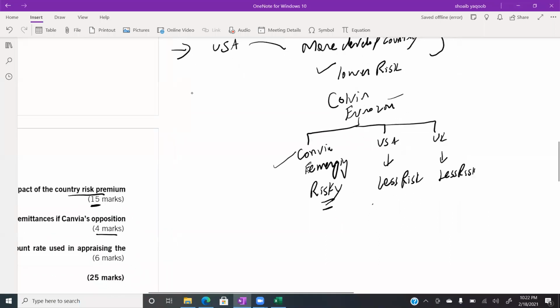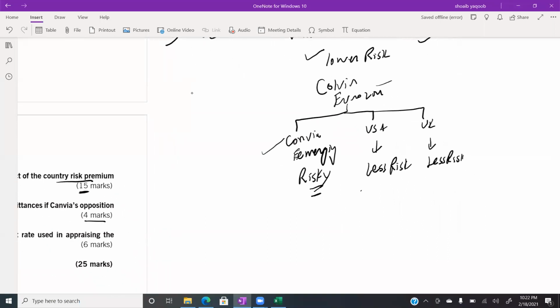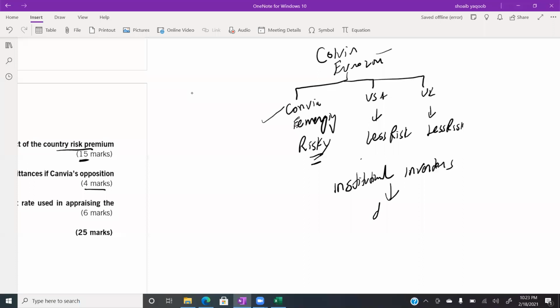Okay, now look, let's discuss in another way. Majority shareholders are institutional investors. And institutional investors have already diversified their risk away.